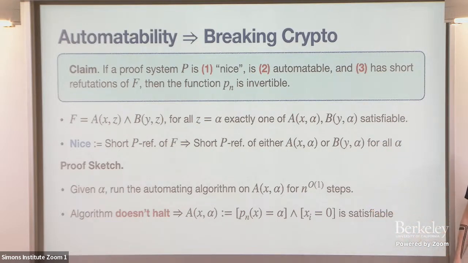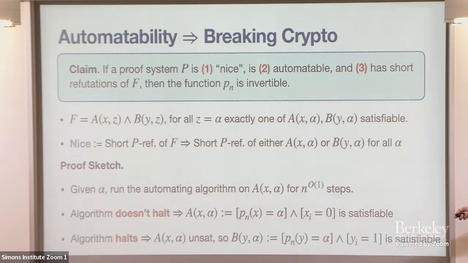And so therefore it must be satisfiable because it was a permutation to begin with. On the other hand, if it did halt, then this is unsatisfiable, right? And so in this case, I could just run it on the B side, and I know that the B side is actually going to be satisfiable because the whole thing is unsatisfiable. So if A is unsat, then the other one has to be satisfiable. So I've turned this automating algorithm into a satisfiability test, whether or not A or B is satisfiable.